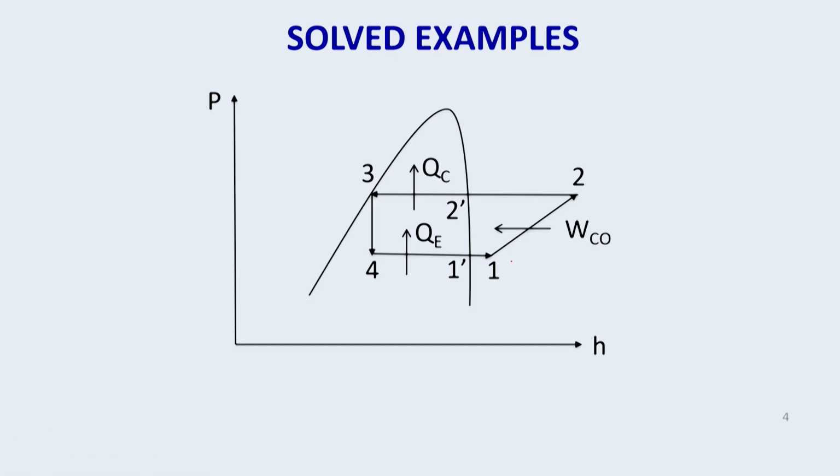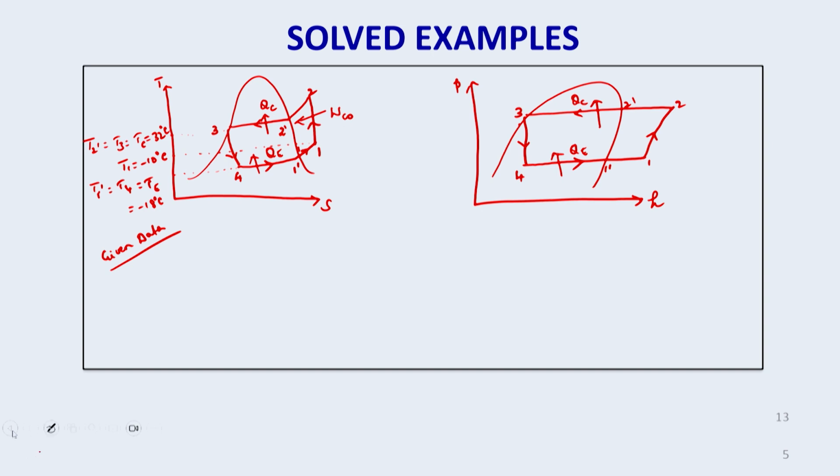1 to 2 is the isentropic compression of the refrigerant from superheated condition, and of course the outlet also will be in superheated condition. So let us write the given data. Mass flow of the refrigerant is given. So temperature corresponding to state point 1 is minus 10 degrees centigrade.